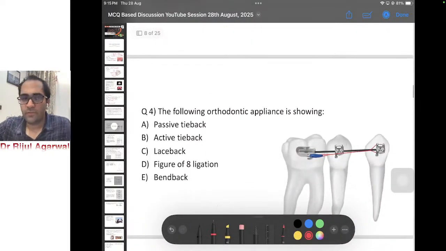Next question: the following orthodontic appliance is showing. Since the question is made by me, I can give 5 options as passive tieback, active tieback, lace back, figure of 8 ligation, or bend back.